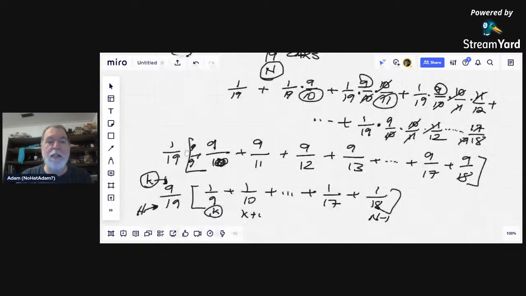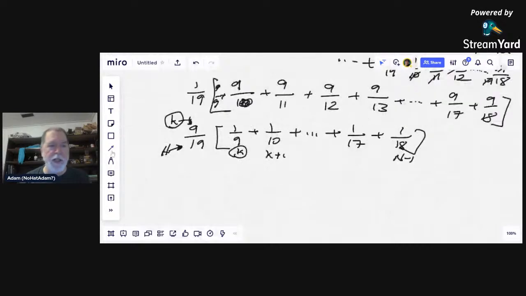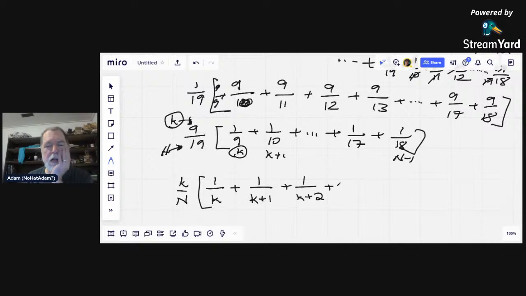So let's see what our general thing here is. I'll write this down again. We've got K over N, and it's a partial sum of the harmonic series. K plus 1, K plus 2, plus and so on, and our final number is actually going to be just one short of N, N minus 1.